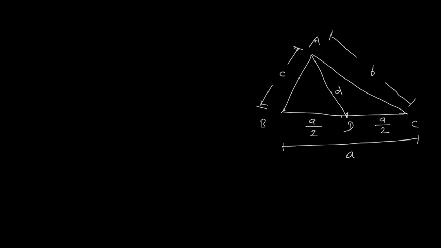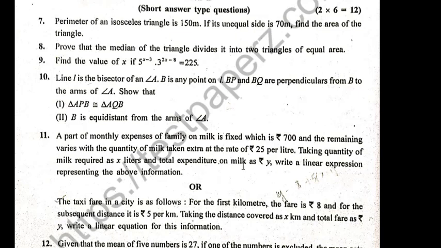If I take this part, I have c, d and a by 2. If I take this part, I have b, d and a by 2. So it seems a little difficult by using Heron's formula. So instead of wasting time on this problem, we go for another problem. We will see this afterwards.